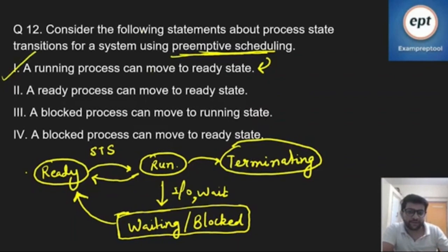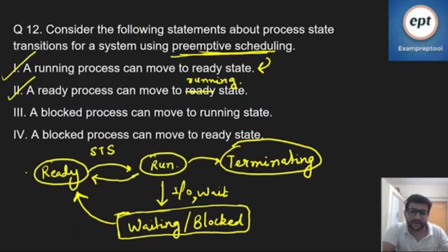Next, a ready process can move to a ready state. I guess there's a typo here. It will be a ready process can move to a running state, right? So we can move from a ready state to a running state.